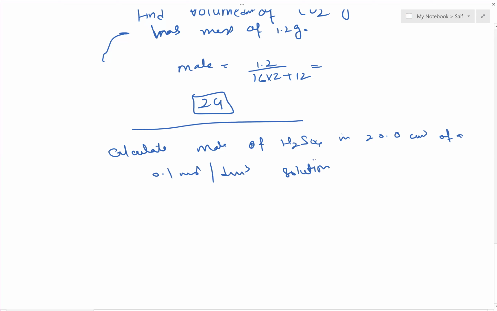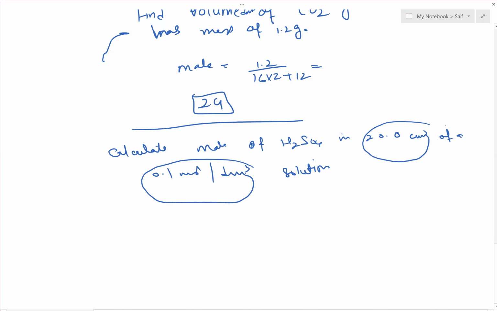So what should we do? Calculate moles. You have to calculate moles, but you are given the concentration value. You are also given the volume. So what should we do?